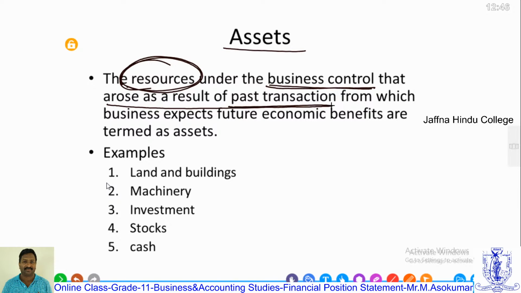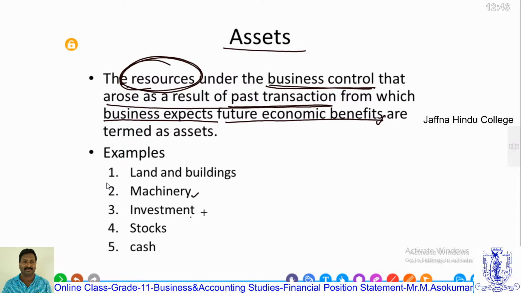From these assets, the business expects future economic benefits. Future economic benefits mean that in future the business can earn something using these assets. For example, land and buildings are used for administrating the business activities. Machinery is used for producing goods or services.